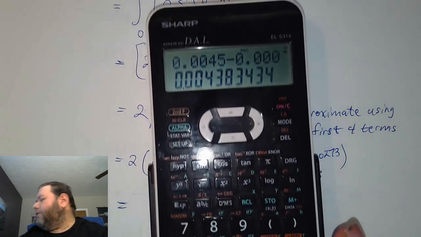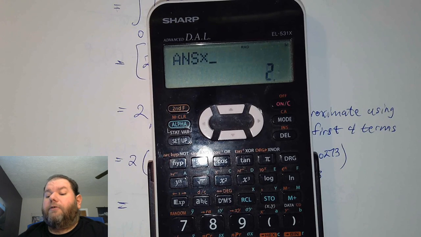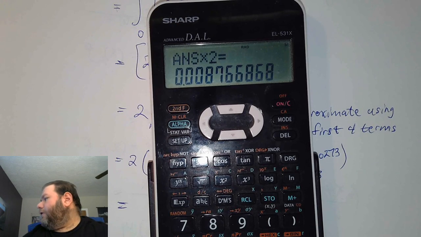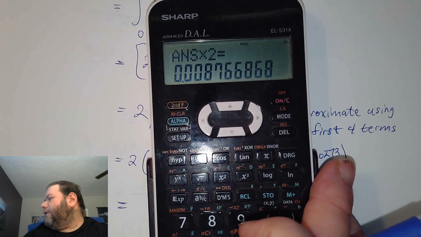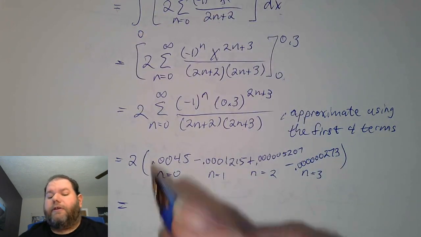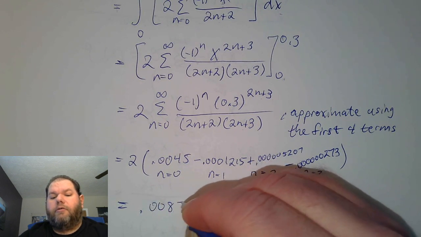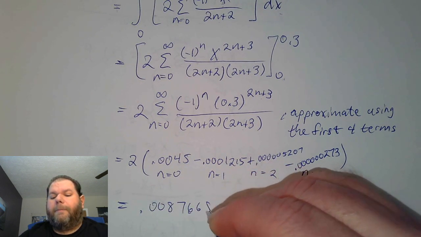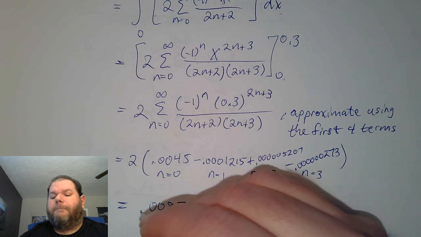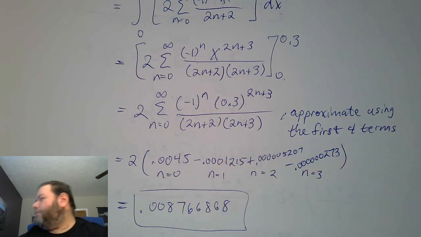So I got that result, and then I multiply by 2, and we get the answer 0.008766868. I'll just write that down here. Okay.